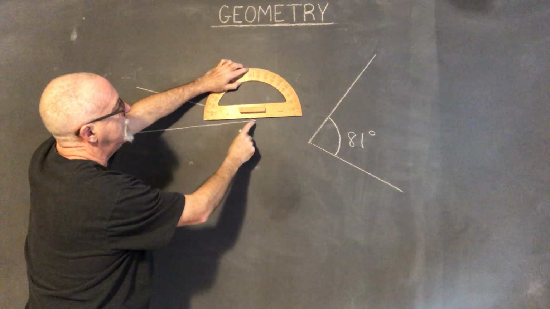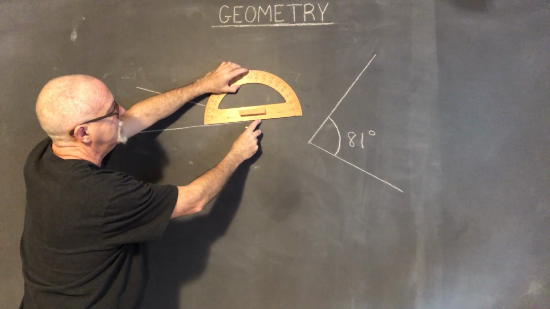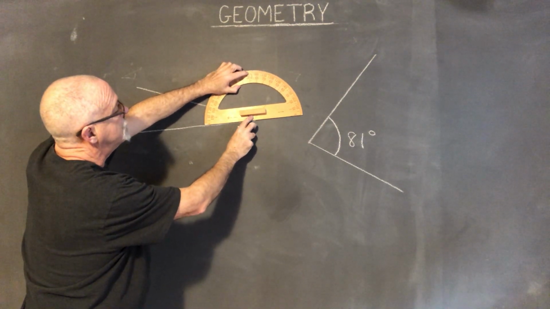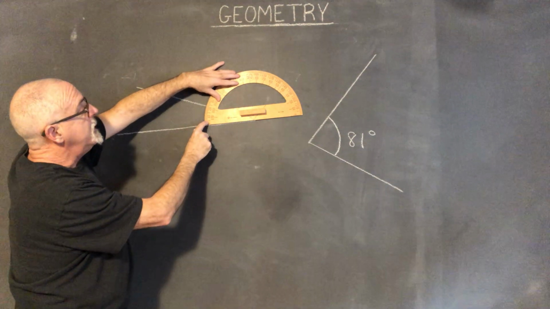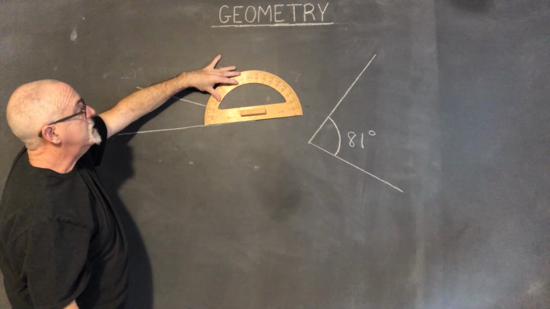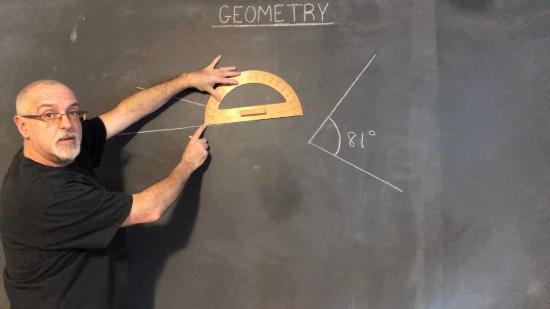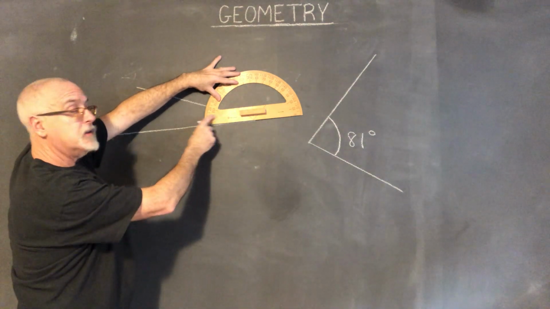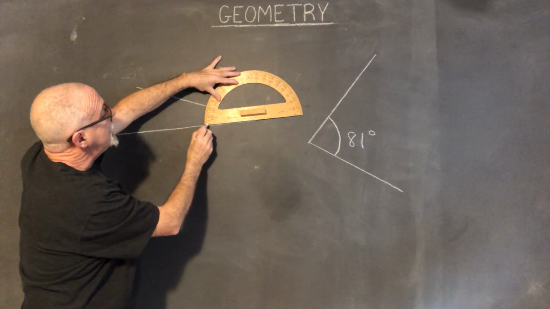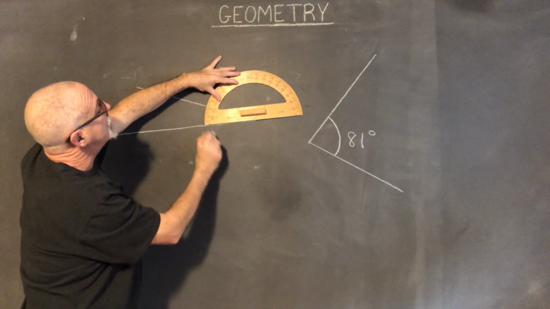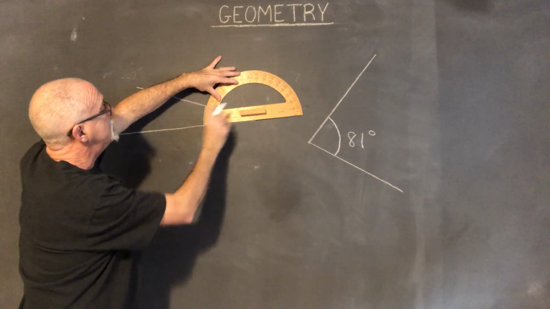So I'm going to put the 0 dot of the protractor on the vertex, and I'm going to arrange for the baseline of the protractor to go along this lower arm of the angle. And counting up from 0 to get my degree measure, I have to use the outer set of numbers. I'm over here on the left side of the protractor, so I'm using the outer set of numbers. And when I count that, it looks to me like I would call this 22 degrees.